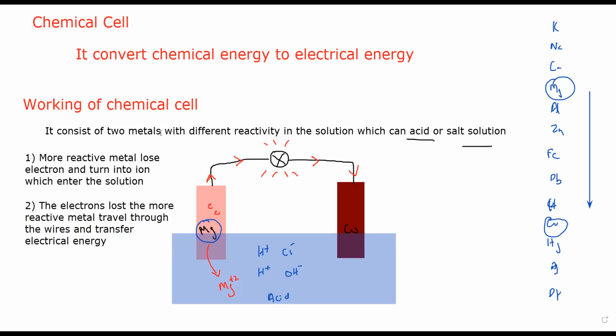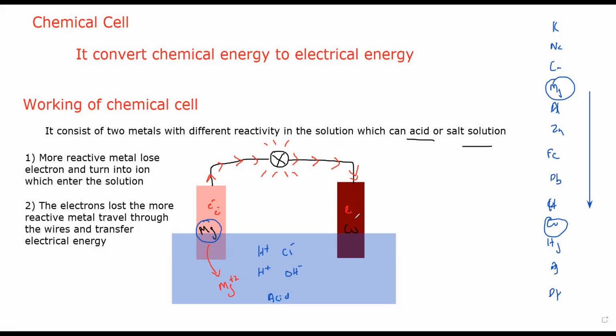So this is what happened. The more reactive metal, here magnesium, is losing electrons. The electrons of the magnesium will travel, they pass through the lamp, and they will transfer the energy, so the lamp will light up.